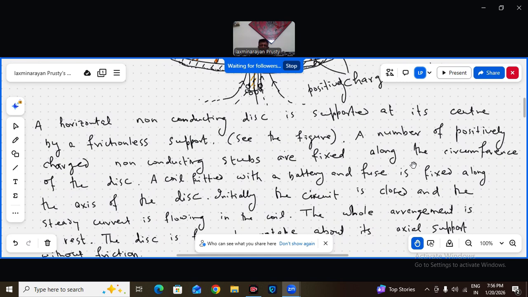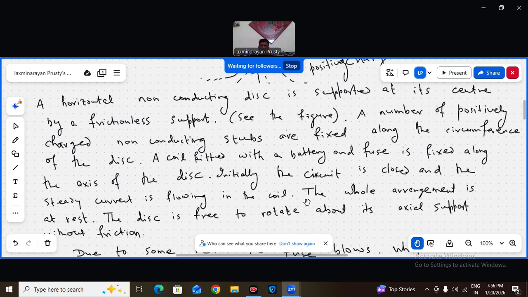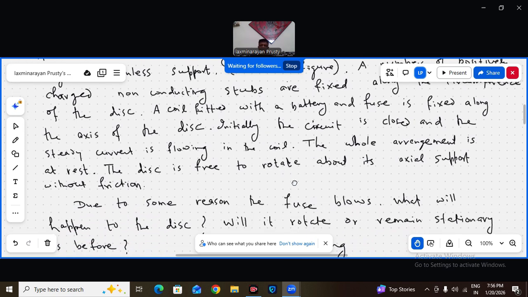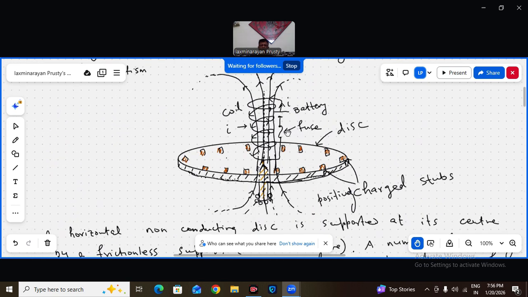Initially, the circuit is closed and the steady current is flowing in the coil. The disk is free to rotate, as I told you, about its axis without any friction. Suppose at some point of time, due to some reason, the fuse blows. What do you expect?